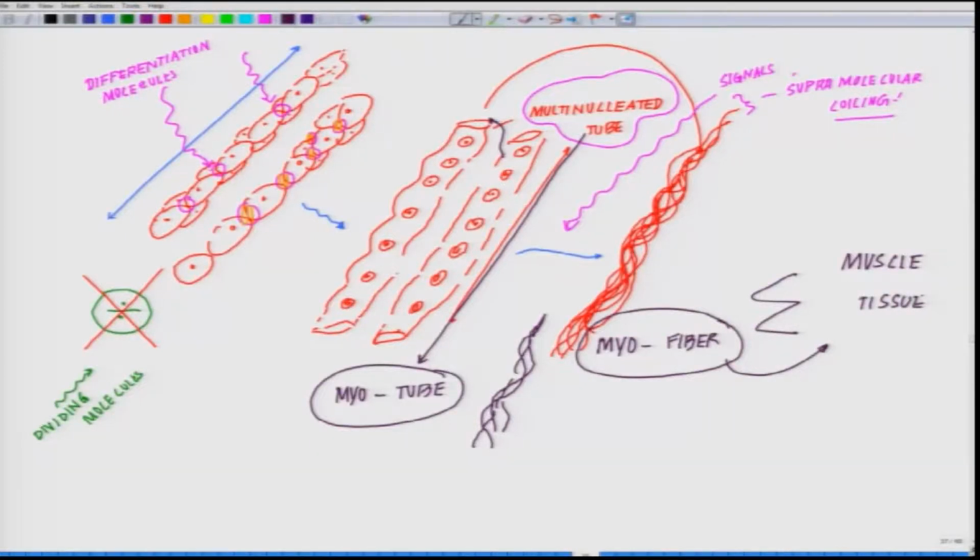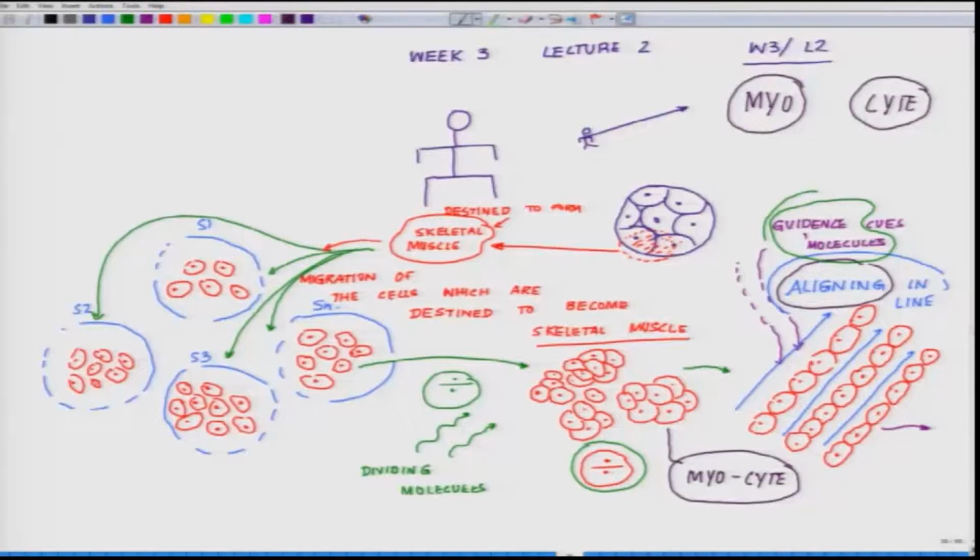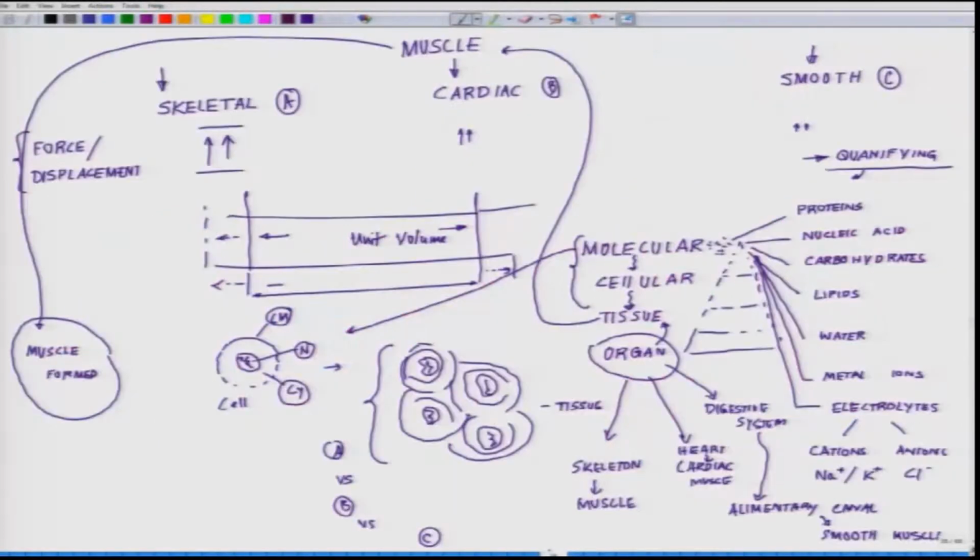Now, going back to the first slide, when I told you that if I now look at this one. So, we started with the cellular players, we talked about the formation of the tissue, and eventually it formed the organ. You see, at every level there is an organizational setup. But mind it, what I haven't touched yet, because I am going slowly, is who are the molecular players, right?